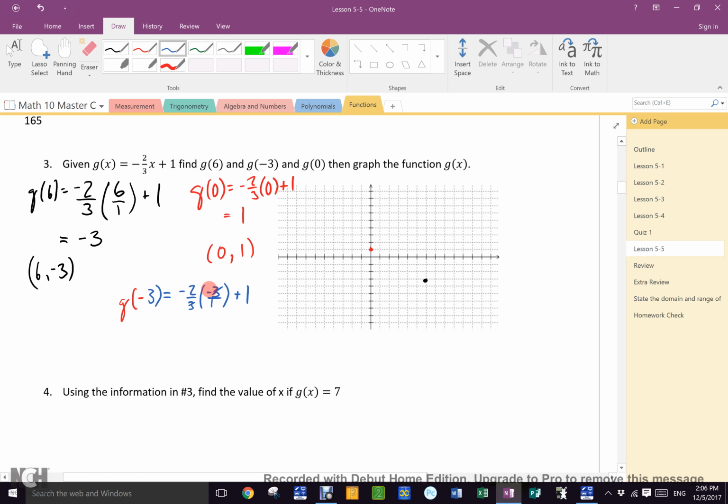What happens to the negatives? Negative times a negative is positive. So the negatives cancel out. So I'm left with 2 plus 1. What's that? 3. So what's the ordered pair? Negative 3, 3. Negative 1, 2, 3, 1, 2, 3. There's my line, right?